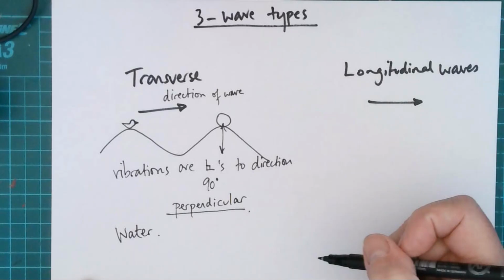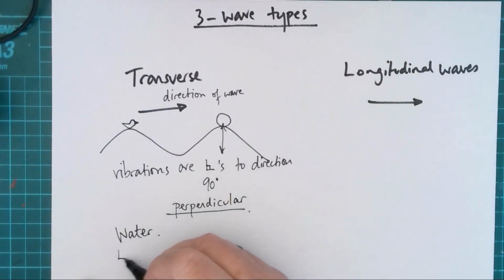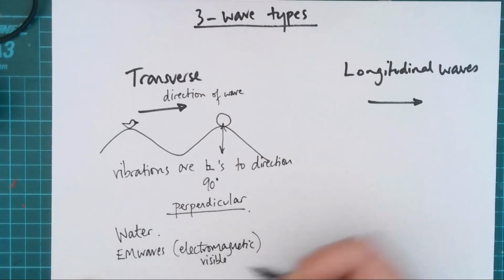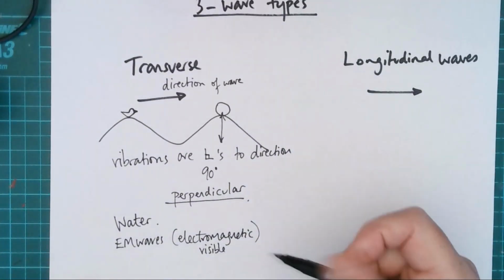You can also have electromagnetic waves. So electromagnetic, and they include visible light, radio waves, microwaves. There are 7 types of electromagnetic wave we're going to learn about in the next video.